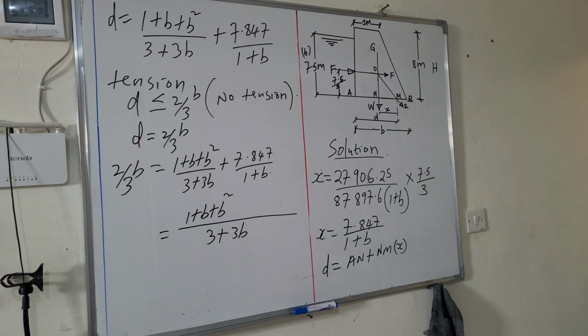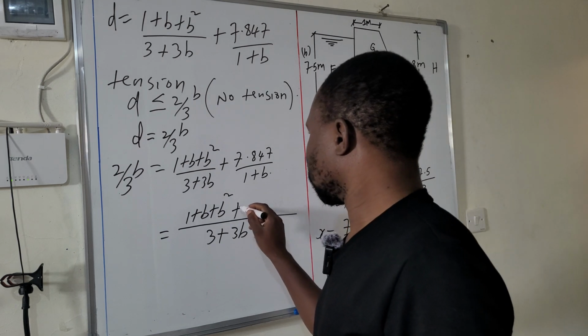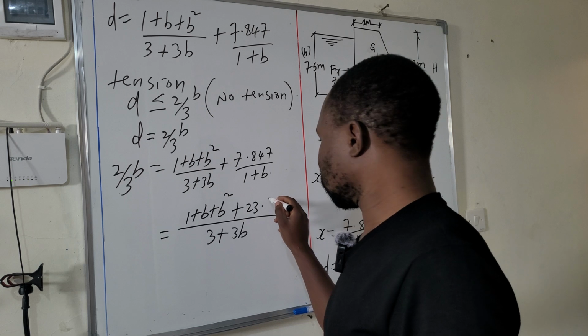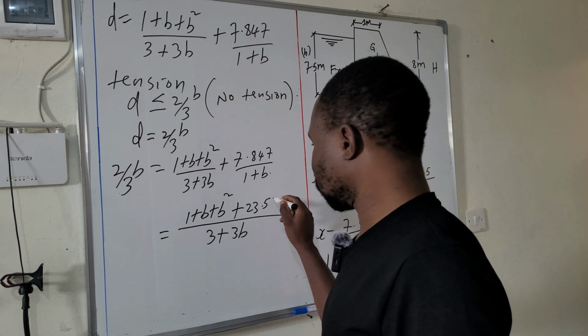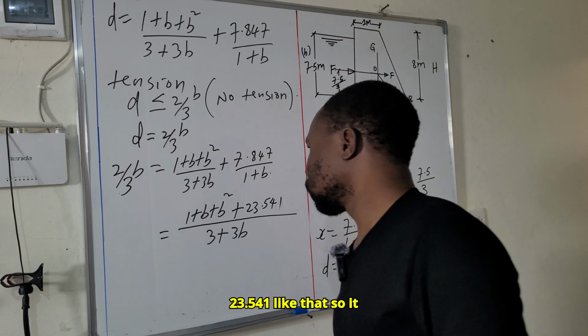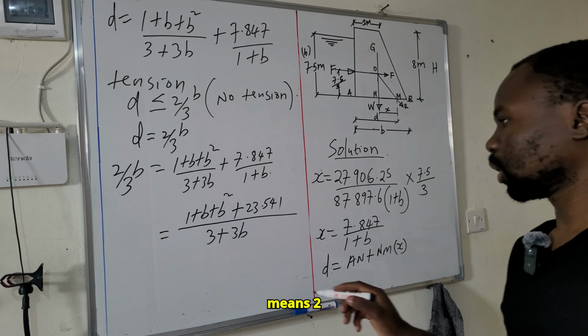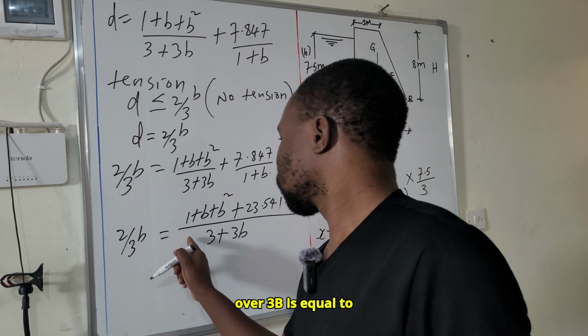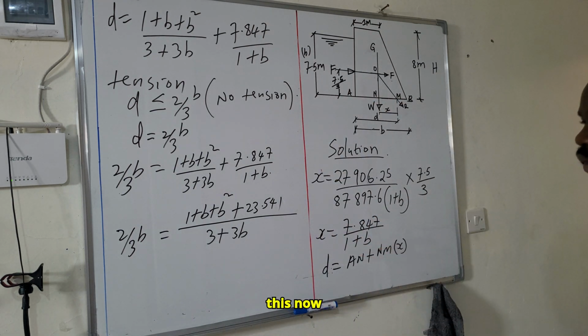So plus 3 times this is 23.541. So it means 2 over 3b is equal to this.